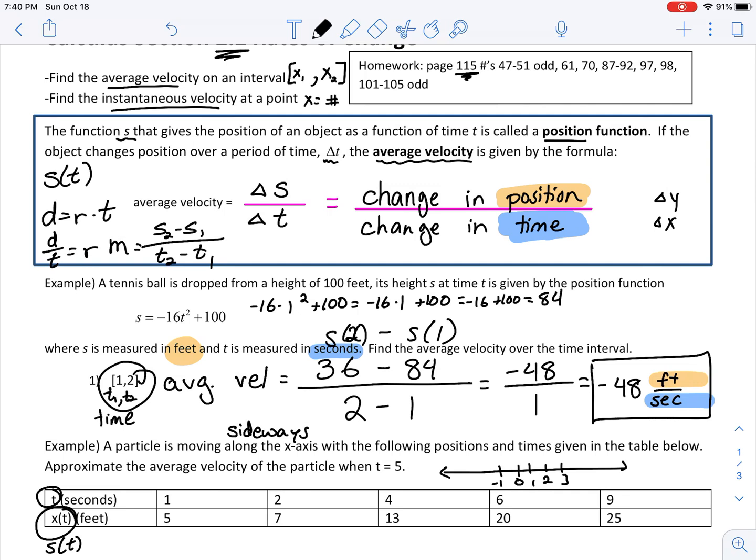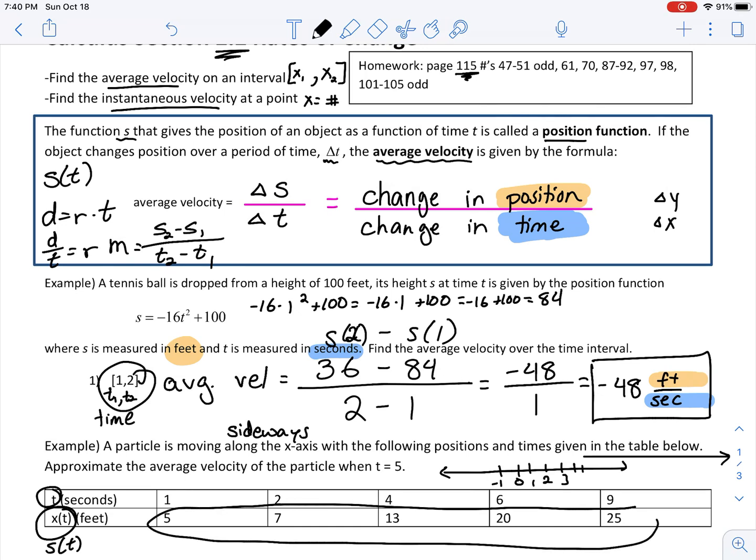Your particle is at 1,5 at some point, and then it goes to 2,7, and then 4,13, and then 6,20, and then 9,25. So the particle keeps moving on to the right. It never doubles back, and you can tell that because these numbers never reverse direction, right? They're always getting bigger. So that generally means that they're always moving to the right.